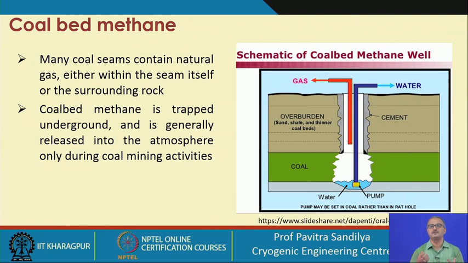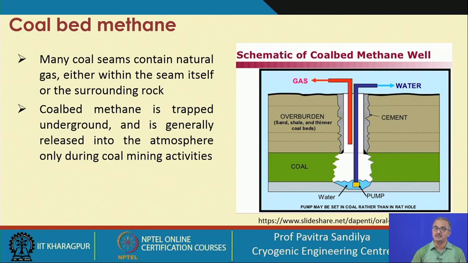That is, some kind of physical bonding is there between the coal particles and the gas. So this is the gas which is the coal bed methane, and to get this gas out, what we do is this: because this gas is there under high pressure, and the process of adsorption is favored at high pressure.